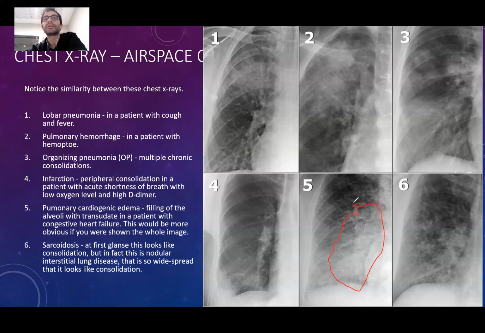Some hazy appearances, but at the same time, I'm seeing some linear densities as well. We will come to that. This is a typical case of interstitial densities that I have been telling you. It will be our next topic in this lecture. And the sixth one is also sarcoidosis, which caused some hazy appearances of consolidations in the lungs.